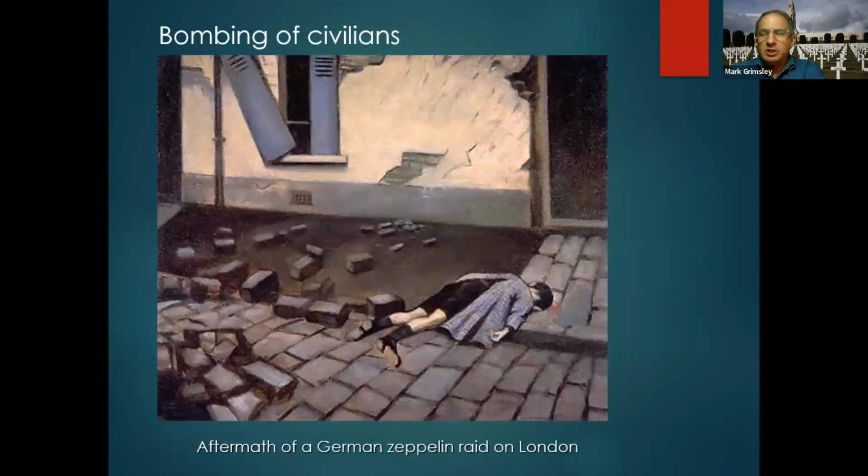A second example was the bombing of civilians. Now, this occurred on a very large scale, a massive scale, during the Second World War. But because we're dealing with total war as an overall phenomenon, we're not going to get into the Second World War specifically, but hundreds of thousands of people were killed during the Second World War from so-called strategic bombing.